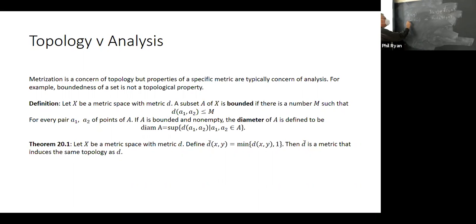By definition, this is always greater than or equal to the new distance between x and y, because this is either the old distance, or if that is too big, it's 1. So the triangle inequality follows.